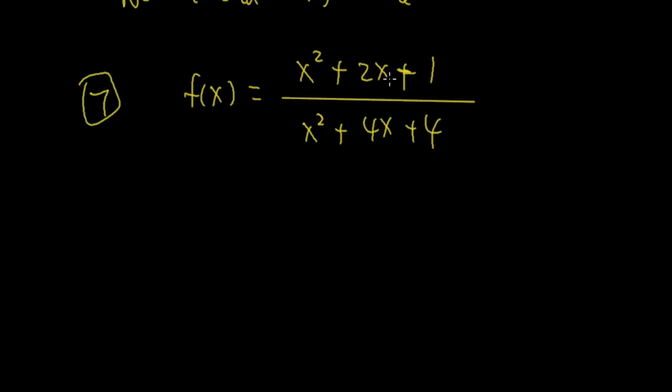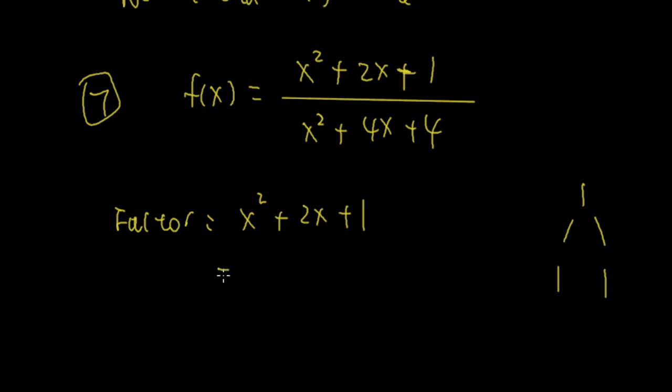I think what we should do is factor both numerator and the denominator first. See if we can cancel anything out. Since the leading coefficient is 1 here, right? Find two numbers that multiply together to give you 1 and add together to give you 2. That will be 1 and 1. So that is x plus 1 times x plus 1.